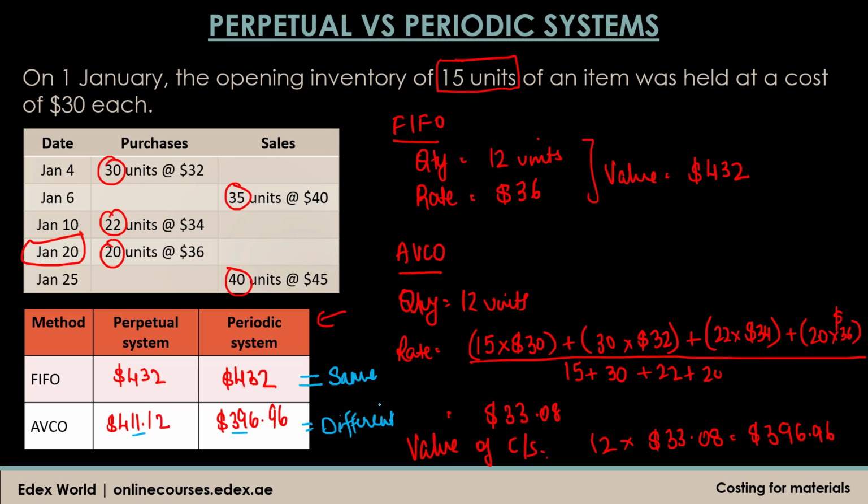So this is one thing that I would really want to tell you, that for FIFO the value would be same under perpetual and periodic, but for average cost method the values will be different. So I hope you've understood a lot about inventory valuation and the concepts related to FIFO, average cost, perpetual and periodic systems, and I hope it'll help you.